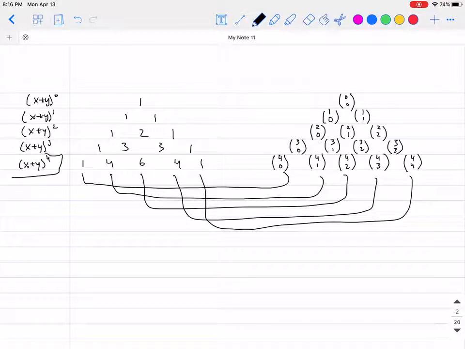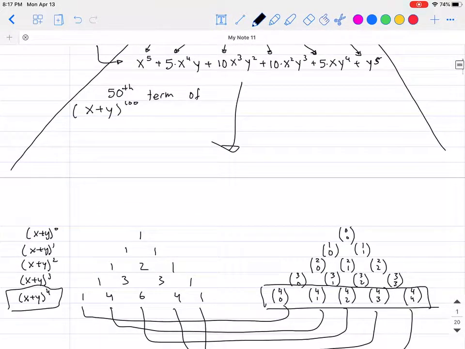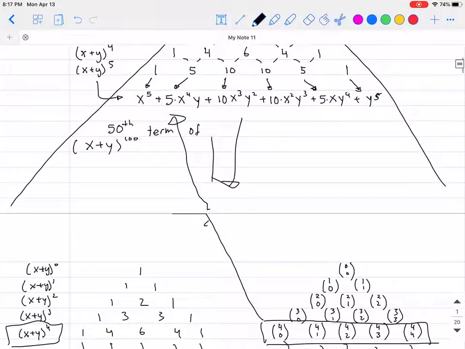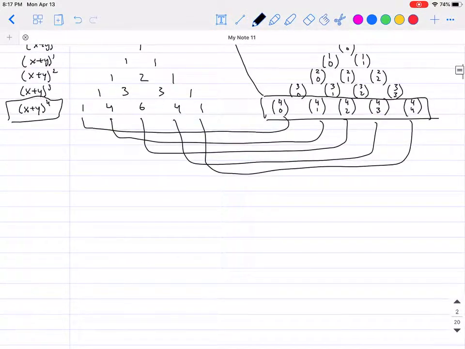You'll note that if I look at x plus y raised to the fourth power, and look at the coefficient, like 4 is equal to 4 choose 1 and so on, you can see that it is related to what's happening all the way up here. Wait, I think I went too far back. Let me just write it over here, okay?